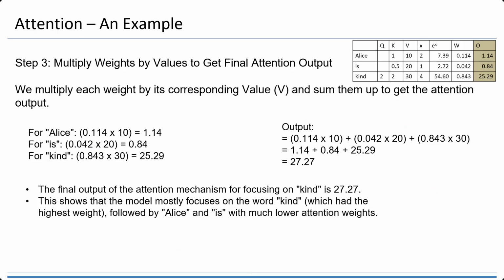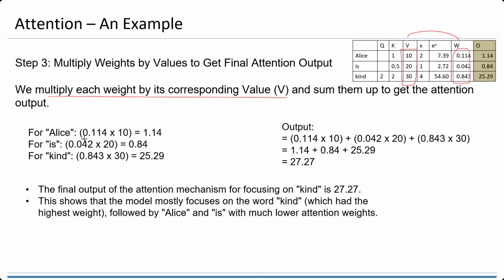The attention value means we multiply weights by values to get the final attention output. We multiply each weight by its corresponding value. W is multiplied with V.